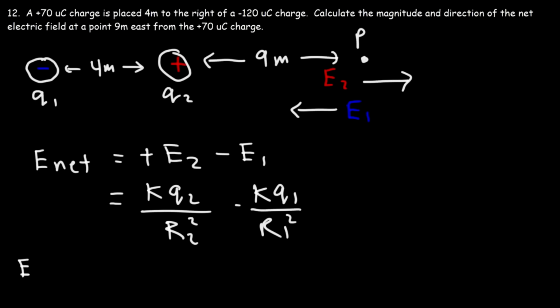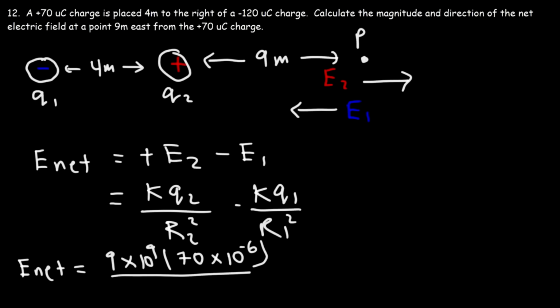So now let's go ahead and calculate the net electric field. It's going to be 9 times 10 to the 9 times q2, which is positive 70 microcoulombs, or 70 times 10 to the minus 6 coulombs. R2, the distance between q2 and point P, is going to be 9 meters.